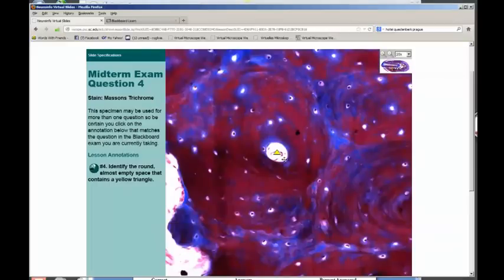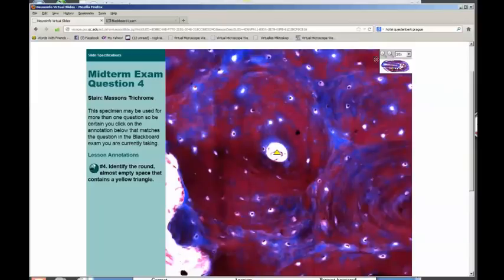Identify the round, almost empty space that contains a yellowish triangle. Well, you can look around here, and if you're a little bit confused, well, first of all, you're given this Masson's trichrome stain, and so you know in trichrome, the collagen is either blue or green. In this case, it's blue, and the reddish area would be more calcified areas.